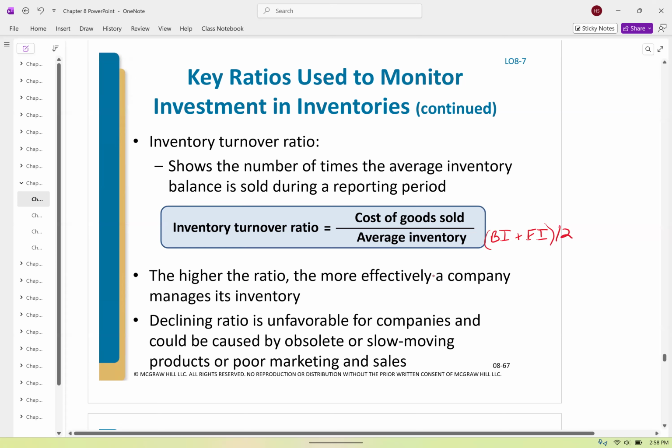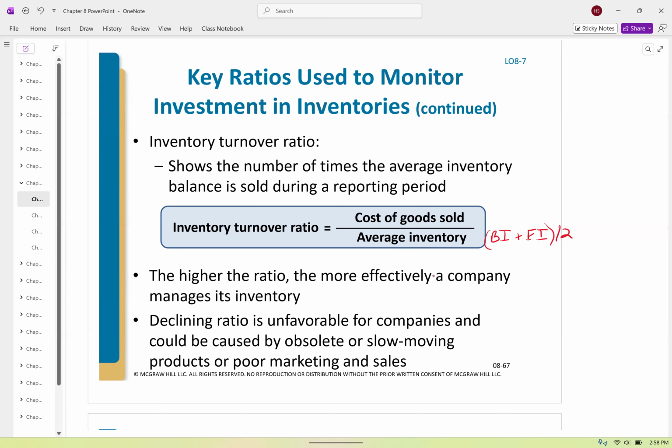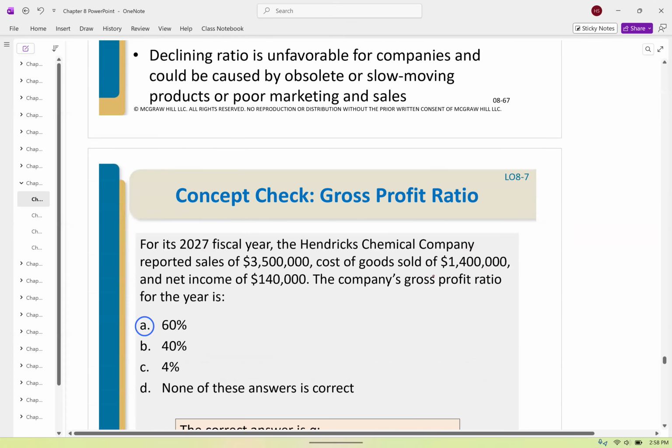We don't go to Furniture Row or Best Buy every day, so those type of items are not going to have as high an inventory turnover because just think about it, me and you don't buy a new computer every week, every day, every year. We hopefully get a couple of years out of it, especially with our furniture as well. Okay, so those are going to have different inventory turnovers.